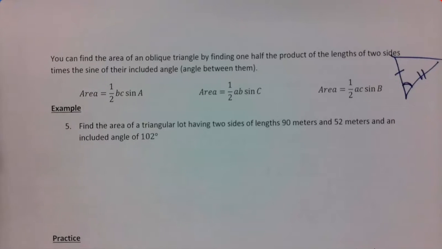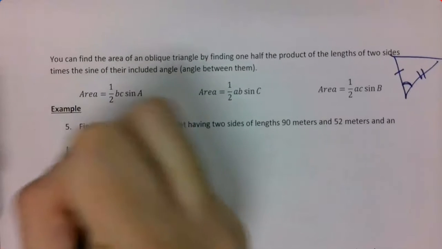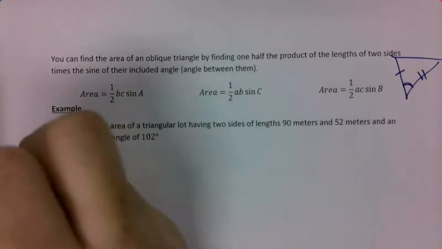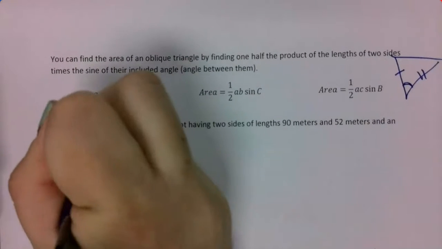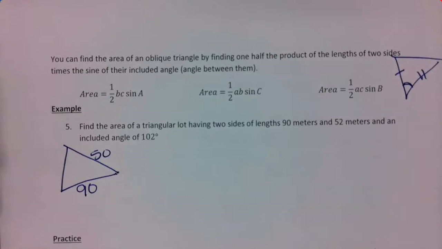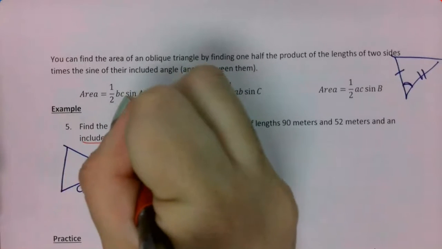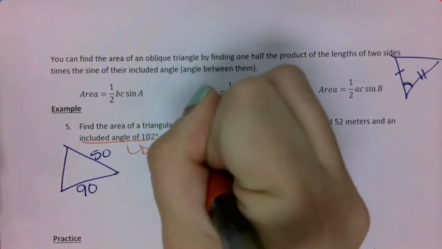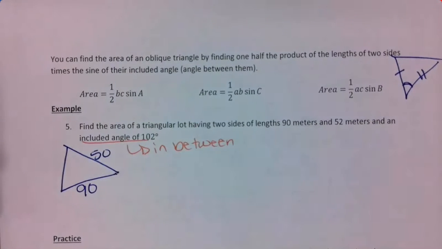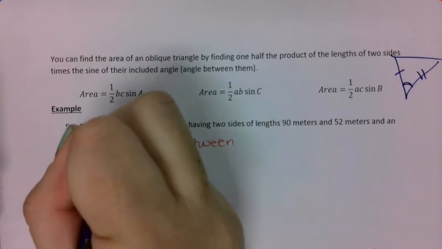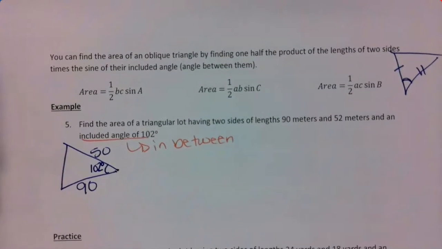So, number 5 says find the area of a triangular lot that has 2 side lengths, 90 and 52, and an included angle, so this means in between, of 102. So really, I don't need to know which side lengths are which for this one.